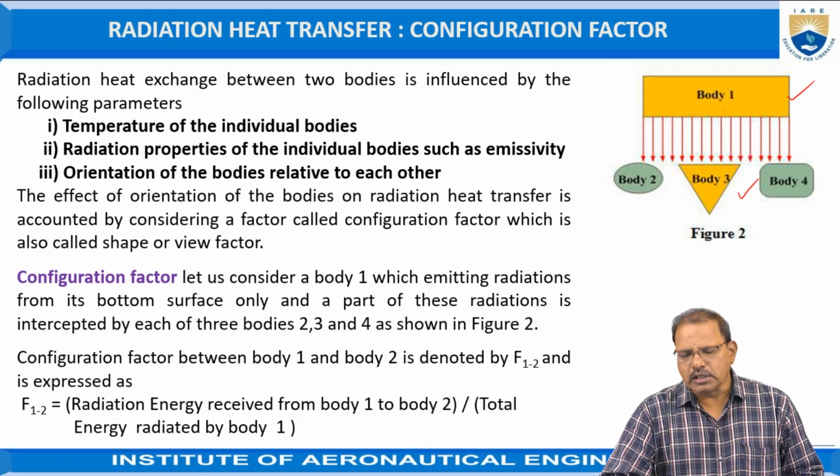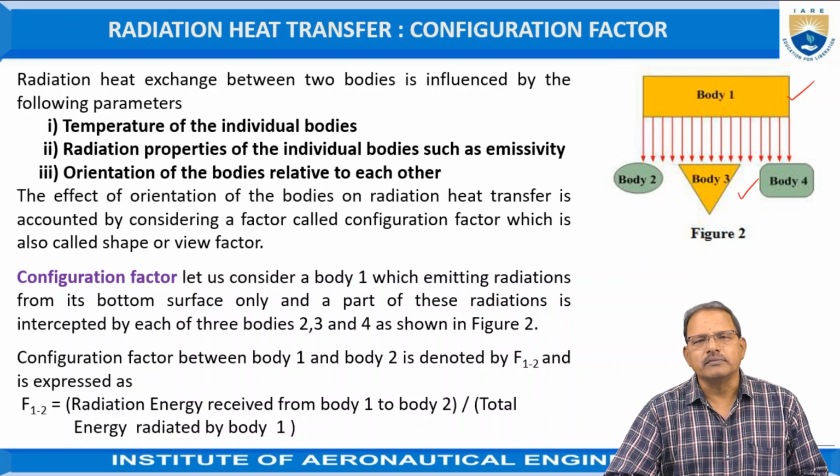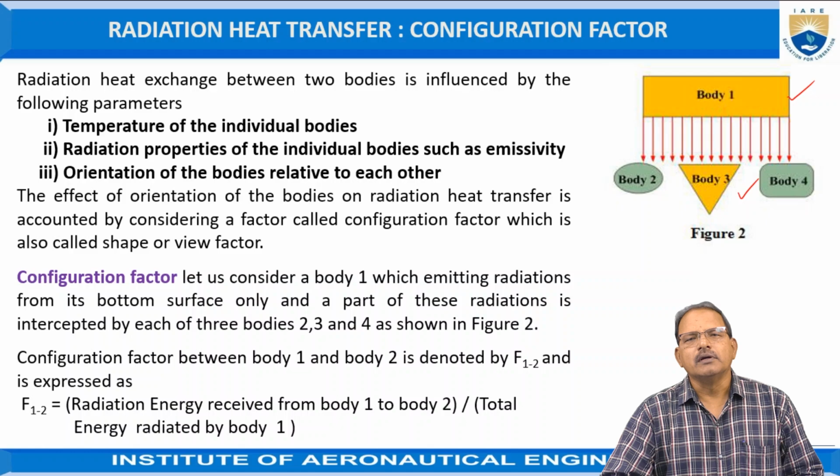But here we are considering only the heat energy emitted through the bottom of the object. So the heat energy radiated from the bottom of the first body is absorbed by bodies 2, 3 and 4.